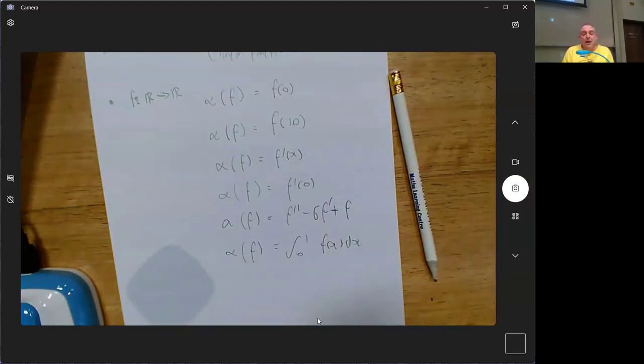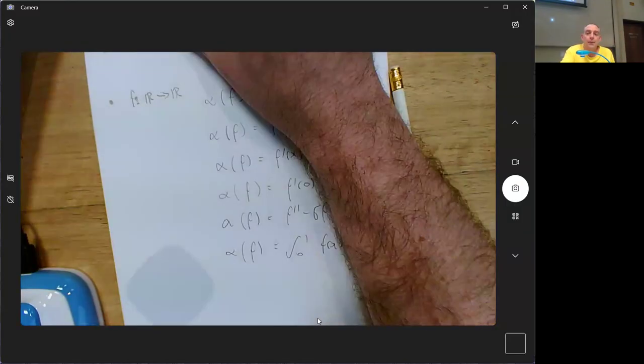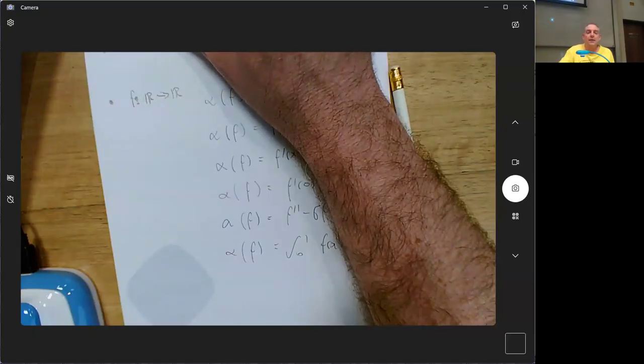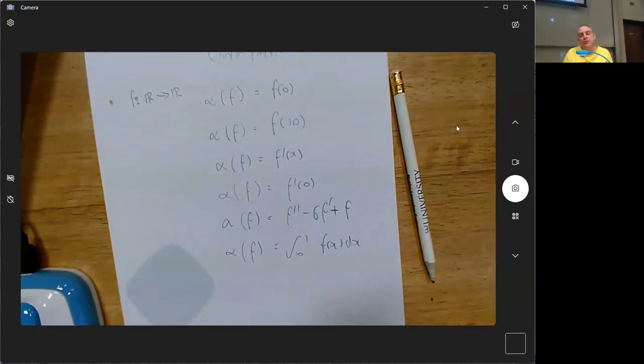The thing is, it just has to be an action that you perform on a function that produces a number, and if you do the action to the functions first and then add them and multiply by a constant, you get the same answer as if you do addition and multiplication and then do the action on the new function.